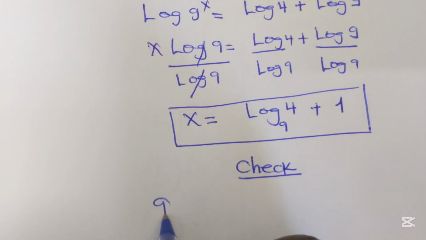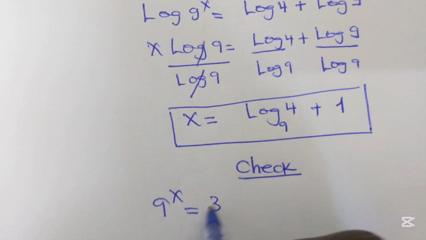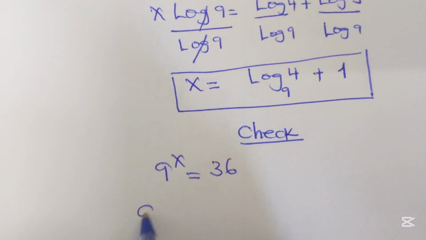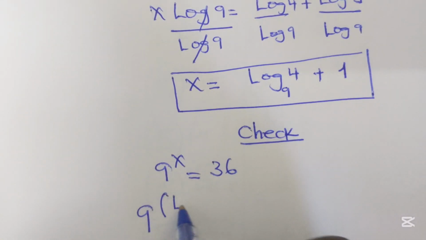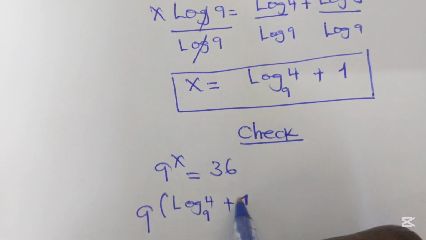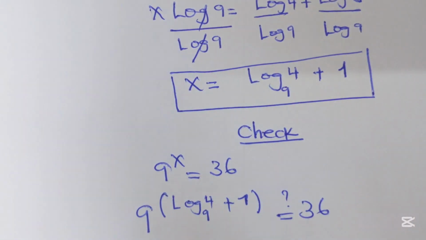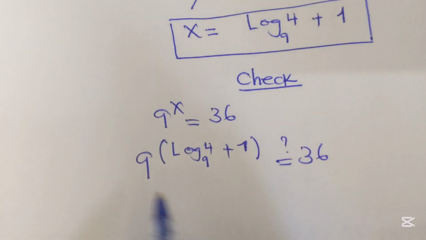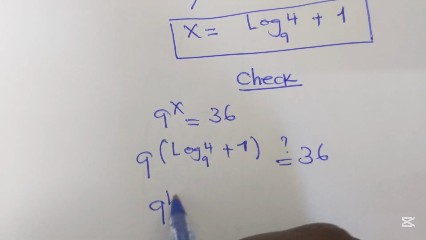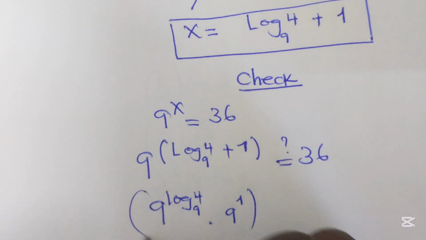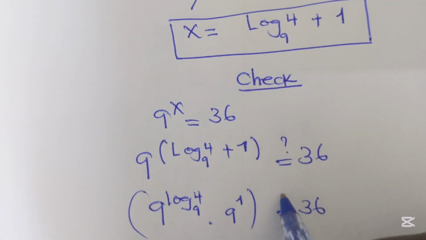Then here we have 9 power x equals 36. Now here we have 9 power logarithm of 4 to the base 9 plus 1 equals 36? Now this will be 9 power logarithm of 4 to the base 9 times 9 power 1 equals 36?